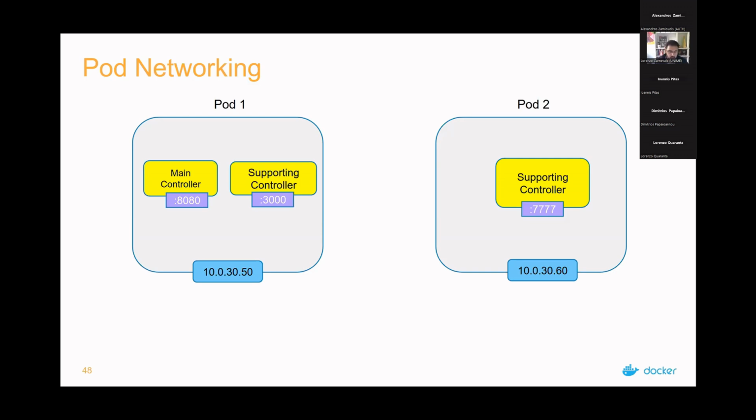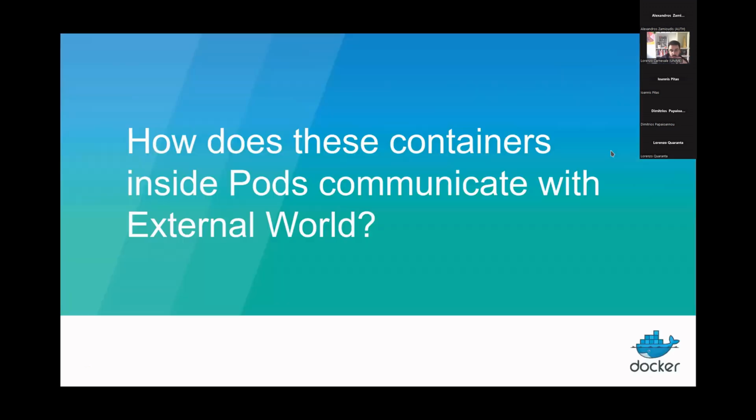So they are part of the same subnet. There is a main controller, for instance, in the pod 1 over one port, the 8080, a supporting controller over another port, like the 3000. Then using the IP associated with the pod, of course we can communicate with the other pod, which is in the same subnet, which has another supporting controller.